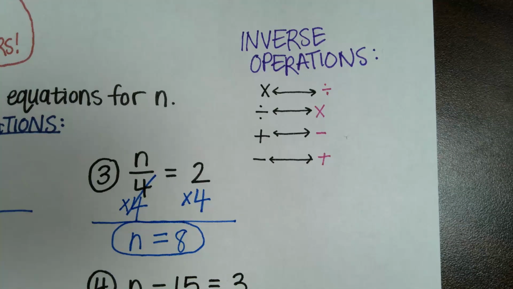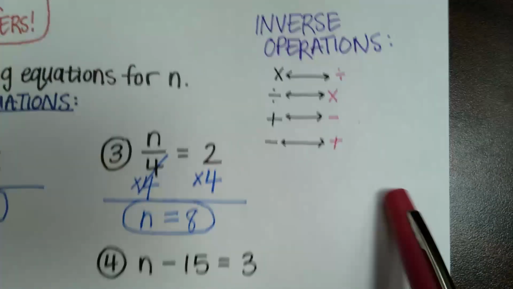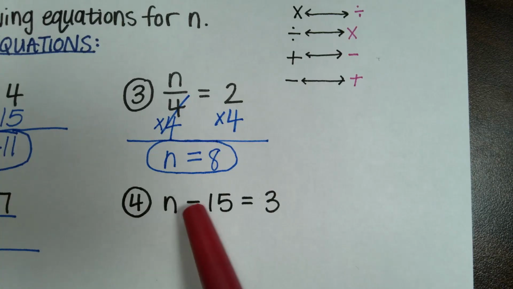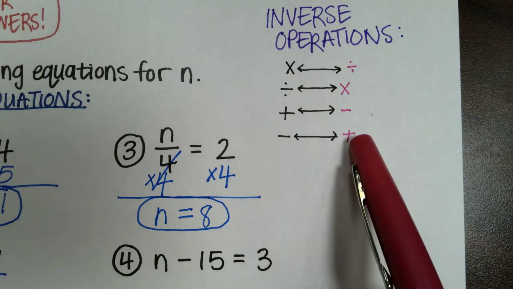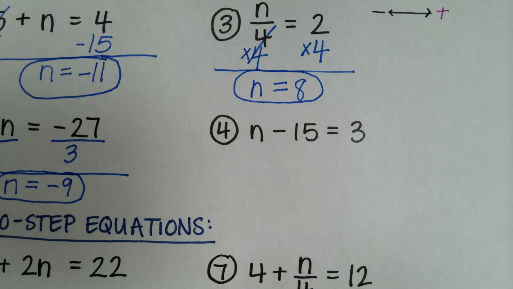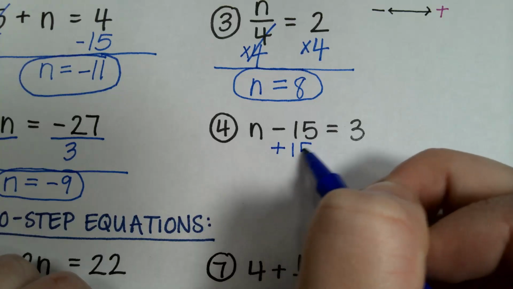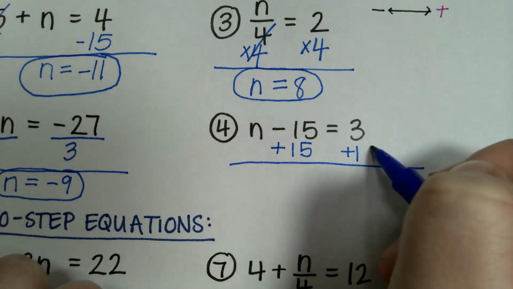Okay, so anytime you're stuck on something, you can look back at this little key we made and say, what do I have here? So for number 4, I have n minus 15. Well, there's my minus on the chart. I need to add. So number 4, what am I doing here? We're going to add 15 to get rid of that minus 15. And where else do I need to add 15? Under the 3. Good.